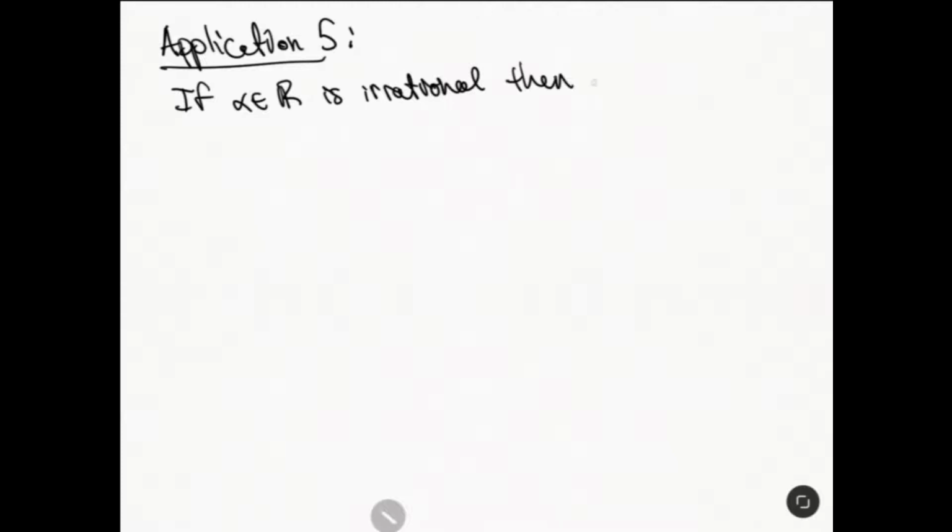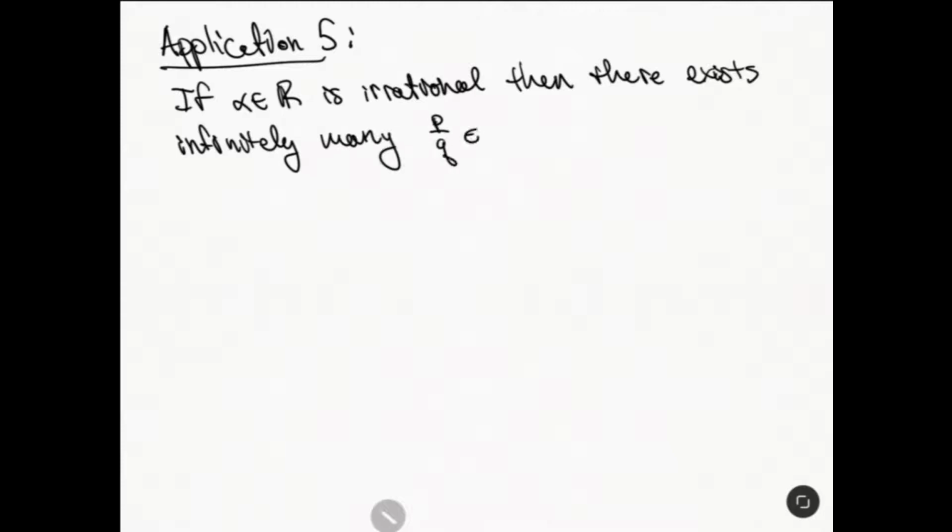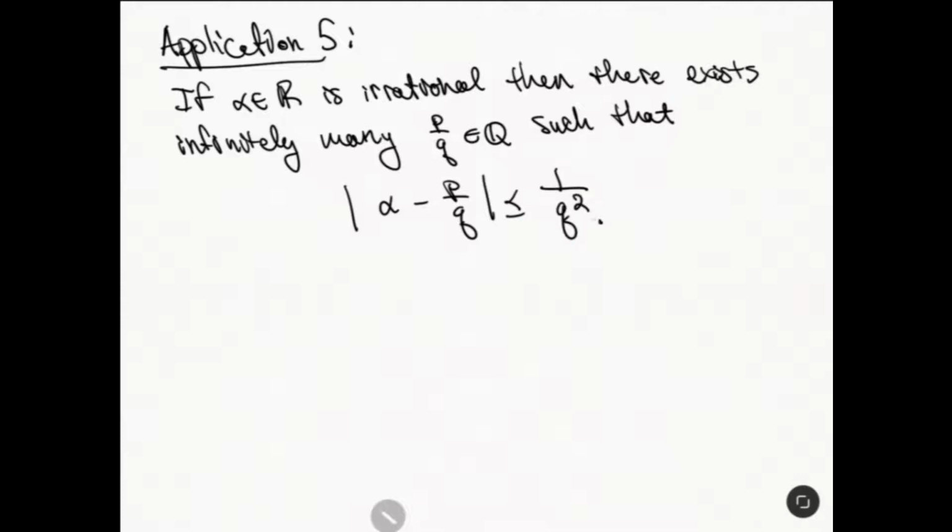Then there exist infinitely many P over Q in Q such that alpha minus P over Q is less than or equal to 1 over Q squared.